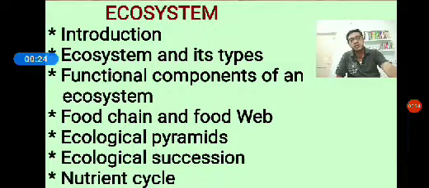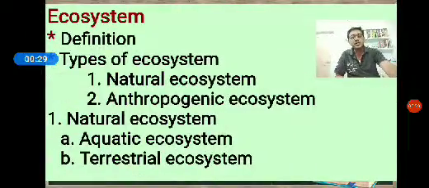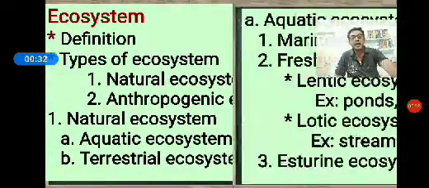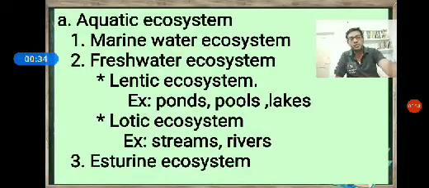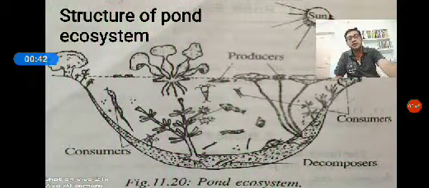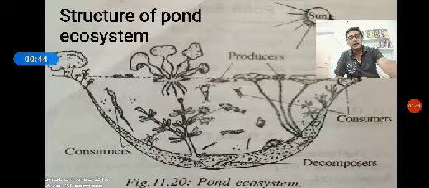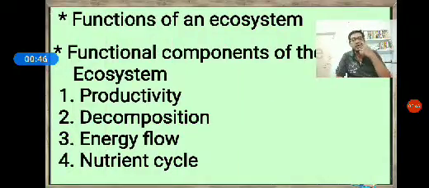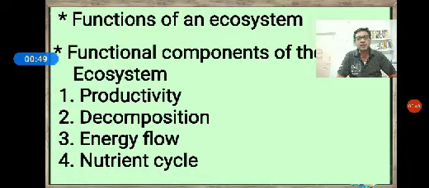There are four functional components: one is energy flow, second is decomposition, third is nutrient cycle, and fourth is productivity. So productivity, decomposition, energy flow and nutrient cycle are the four functional components of an ecosystem.